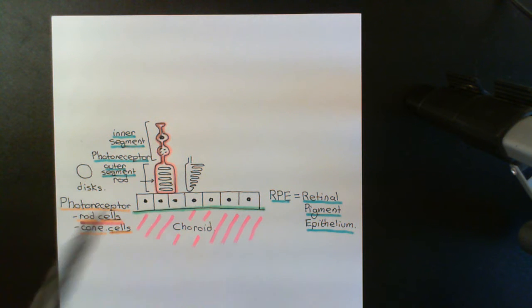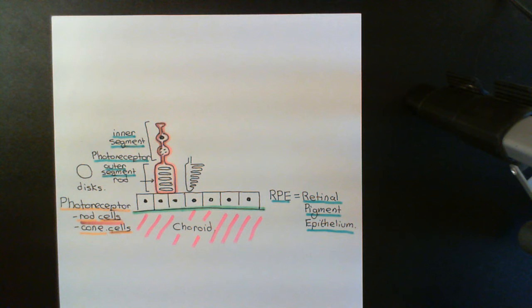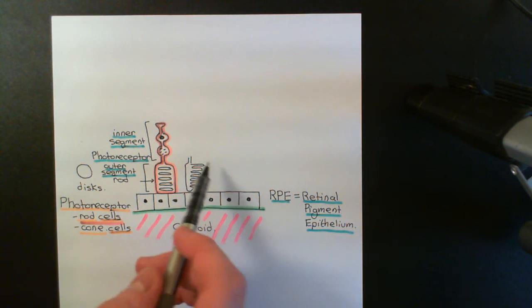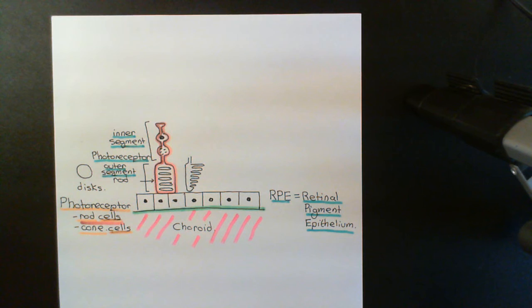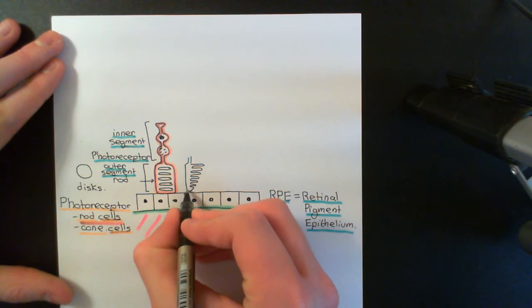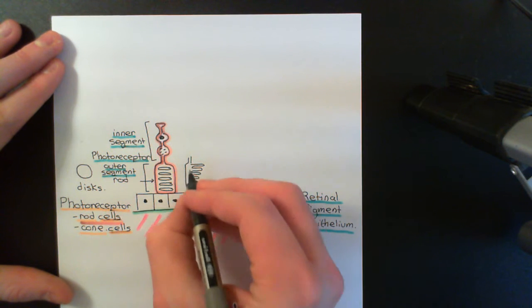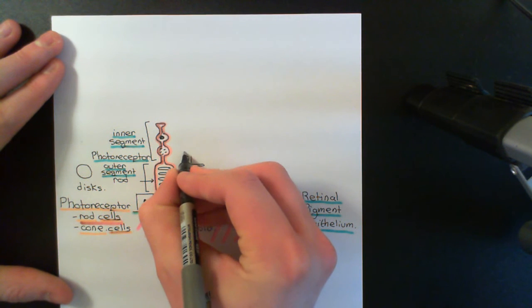And the way that the rod cells solved this was to just have loads of these discs inside the rod portion of the rod cell. Whereas the way the cone cell solves this is it just has loads of these invaginations in this way. So two different approaches to getting a huge amount of cell membrane. And you can see that it looks a bit like a cone rather than like a rod, hence why these are called cone cells.